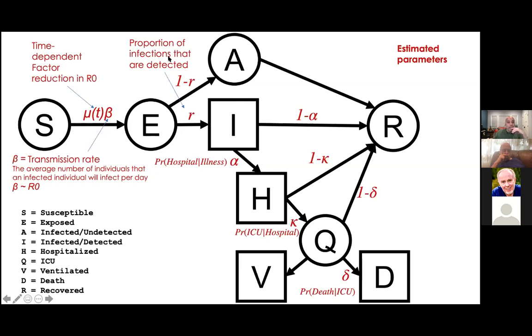We're also looking at this proportion of infections that are detected. We really don't have information on this except from one seroprevalence study that Niraj did early on to inform us on this proportion. That's one study from LA.